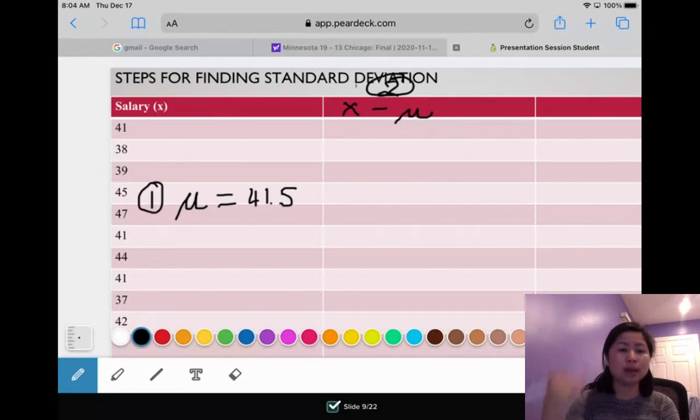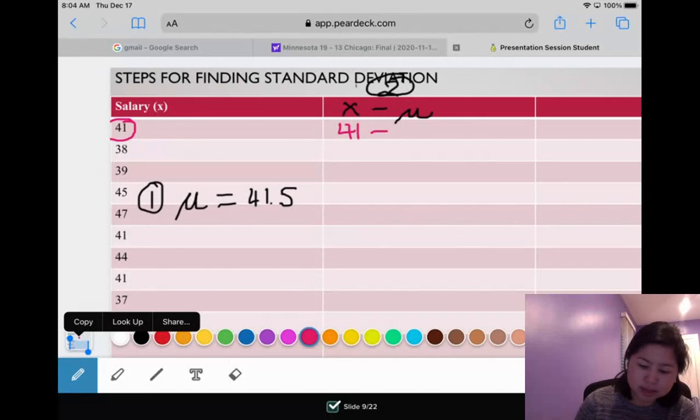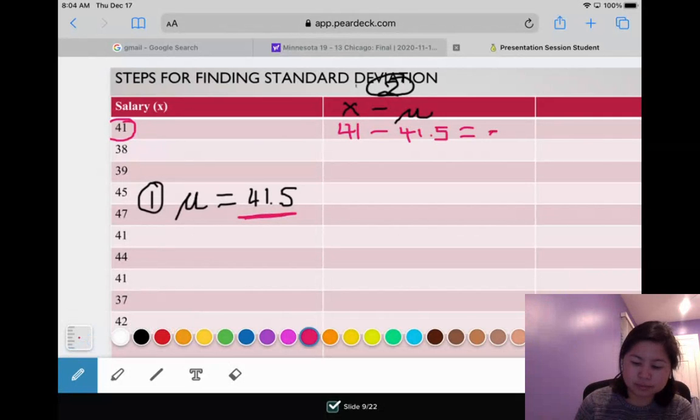And for those who copy down the table, or you still have the table from the last time, it's okay. You're going to copy it again. It won't hurt. It's just another practice for you. So to do this, I'm taking the score, which is 41, take away the mean, which is right here, 41.5, and I got negative 0.5.